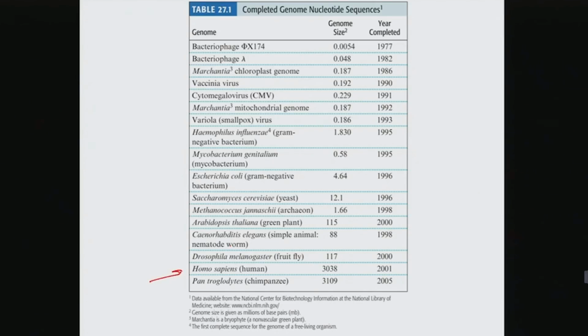So it took almost 2 decades from when they first started out to be able to sequence something that has more than 3 billion base pairs, so you can see the size. And look at the difference in how many years it took, going from something very small to something very large. We'll look at the techniques that enabled them to do this type of genome sequencing.